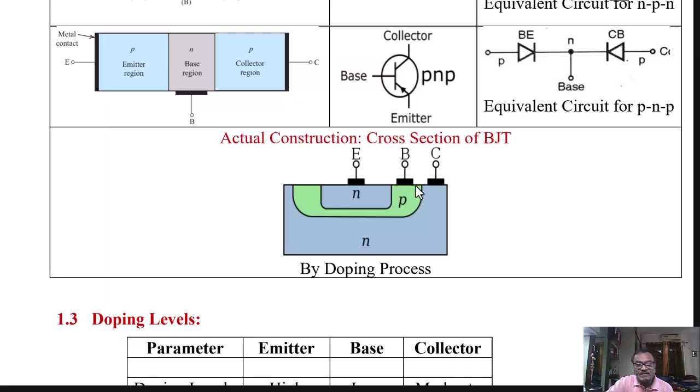After fabricating the P-type base region, the impurity type is changed to pentavalent to create an N-type island in the P-type base region, and therefore we get the NPN structure.